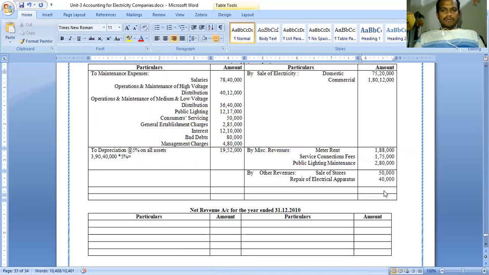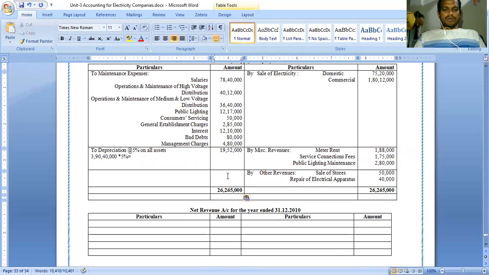So the total of the credit side of the revenue account is 262 lakhs 65,000.